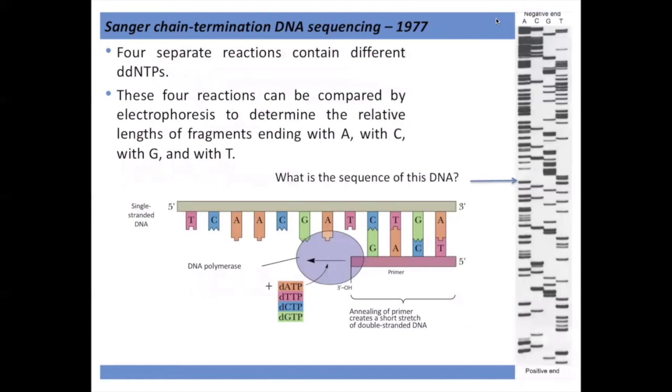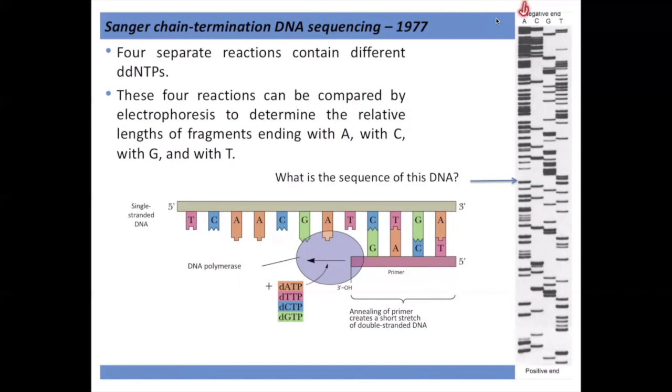Now, off to the right here, what we see is an experiment, and you've got 4 columns. Each one of these columns is the same DNA that they're trying to replicate, but in each experiment they added a different dideoxy. So here they added a dideoxyadenosine.